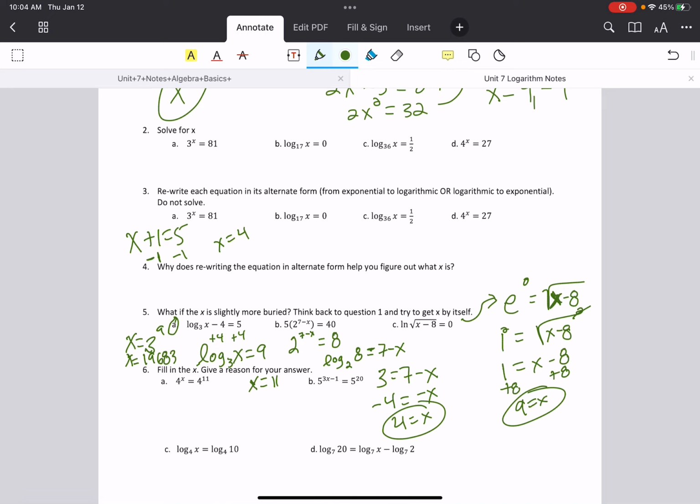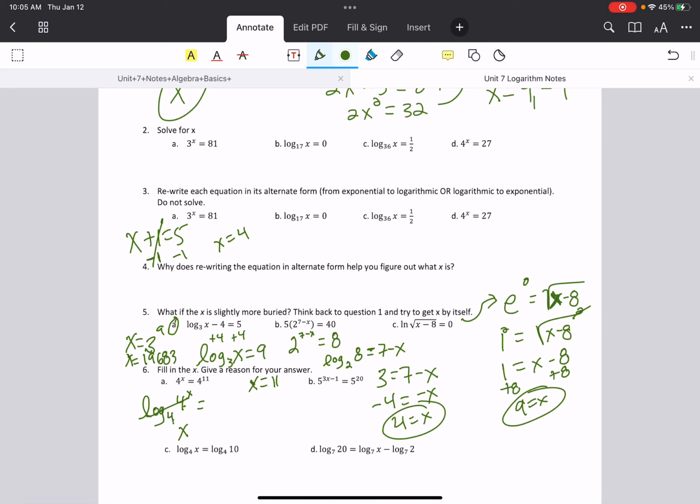If I'm trying to get rid of a 4 exponent, I have to use its inverse, which is a log. But I have to use a log base that's the same so that they cancel. So technically what I'm doing is the inverse of the exponent, which is the log. And then I use base 4 so that these were the same number so that they cancel, just like the 1 and the negative 1 up here, right?